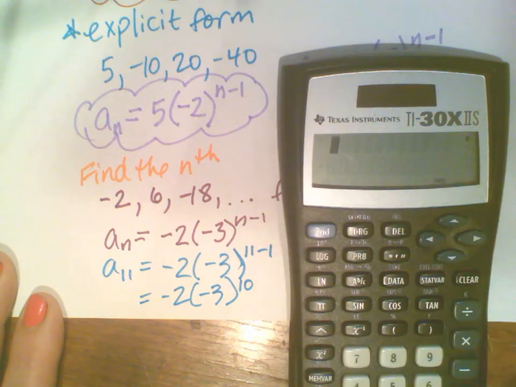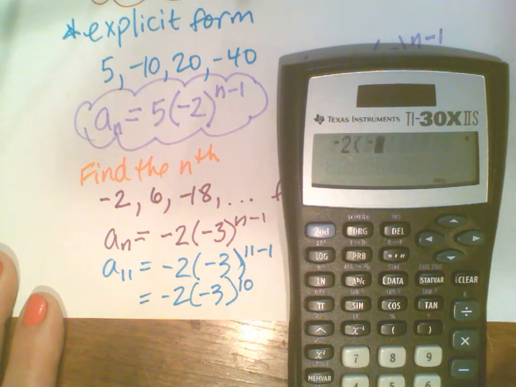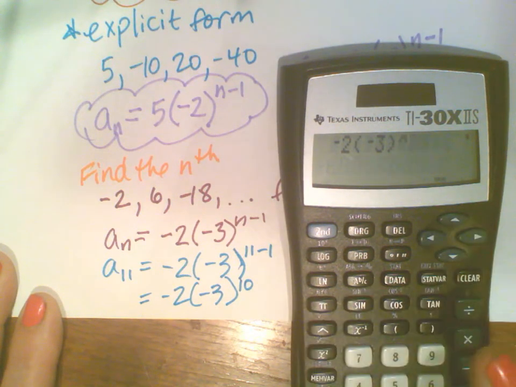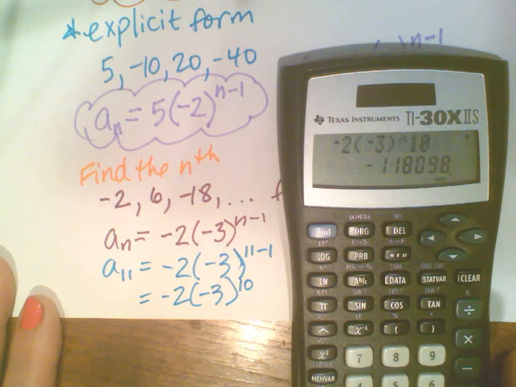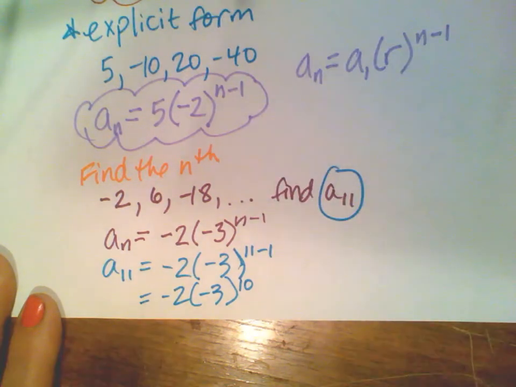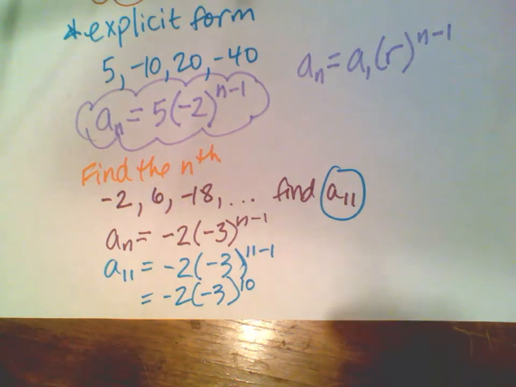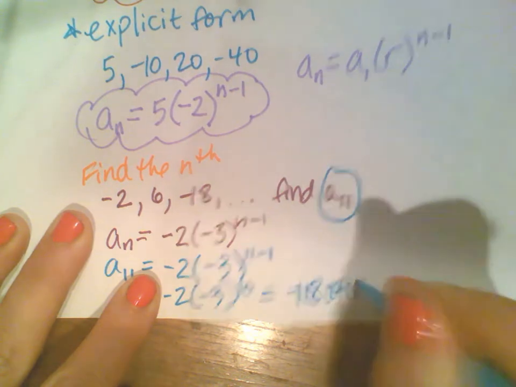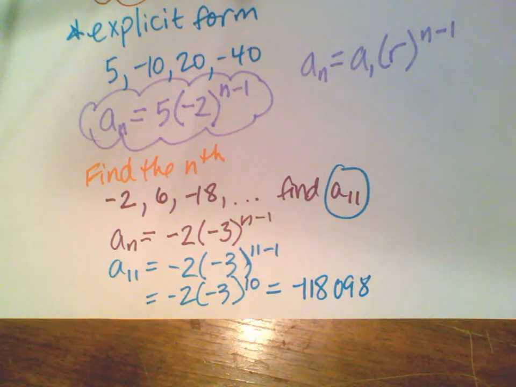I'm going to do -2 parenthesis -3. I always put parenthesis instead of times when I'm plugging it in, especially when there's a negative. So raised to the 10th power, then I hit equals, and my answer is -118098. So this equals -118098.